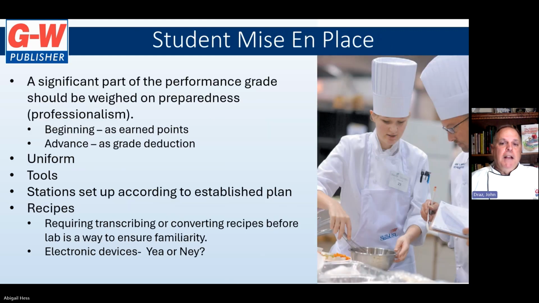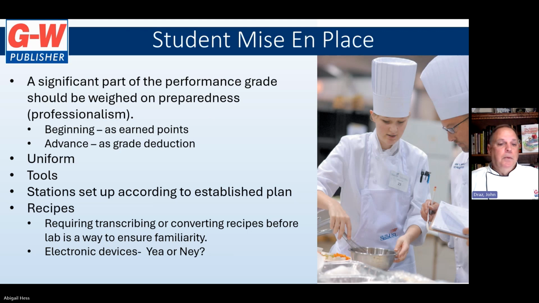Okay. Now, besides the instructor's mise en place, there are certain expectations that we should have and should reinforce with students. It's preparedness. It's what we very often refer to as professionalism. Do you have the right uniform for your program?